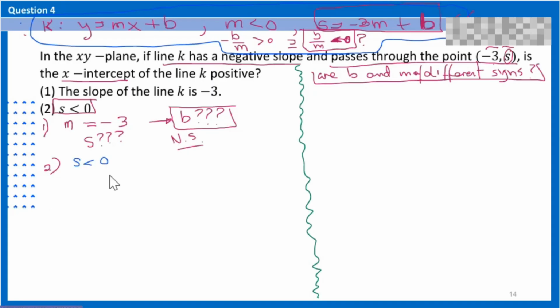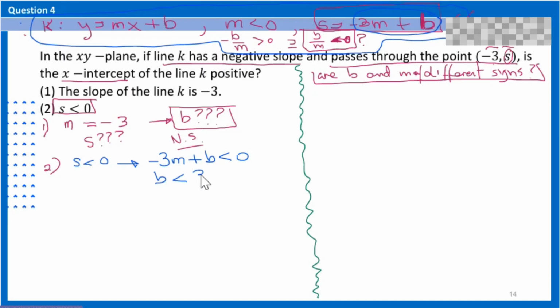But if this is true, then this expression here, which is equivalent to s, must be negative. If negative 3m plus b is negative, what does it mean about b and m? Notice that this means that b is less than 3m, by properties of inequalities.